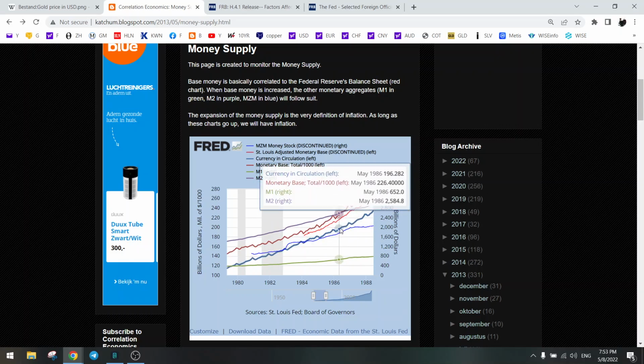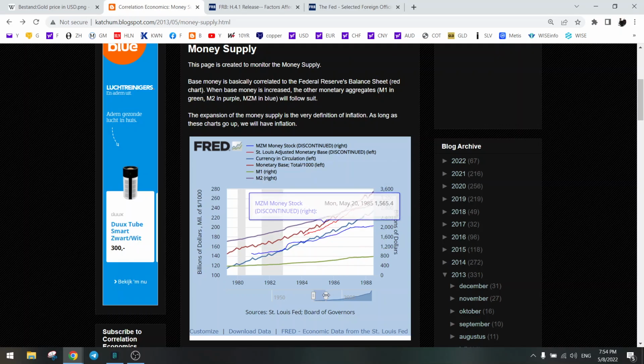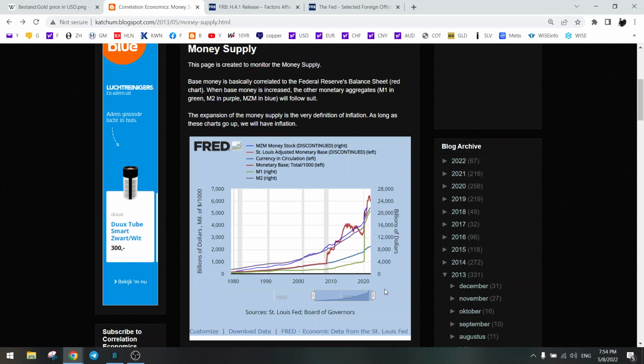Okay, so here, okay. So currency in circulation was around 200, and that's in millions, I think. So it's 200 billion, right? Around 200 billion. Yeah. That was the currency circulation. So around 10 times less, right? So now it's 10 times as high. So this has gone up 10 times from here to here.